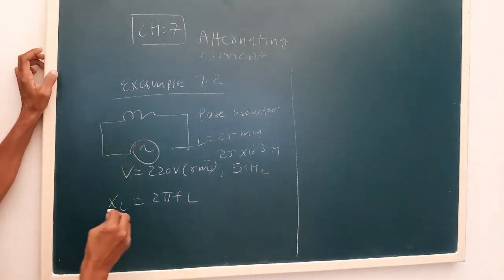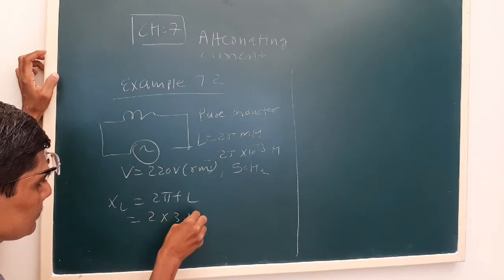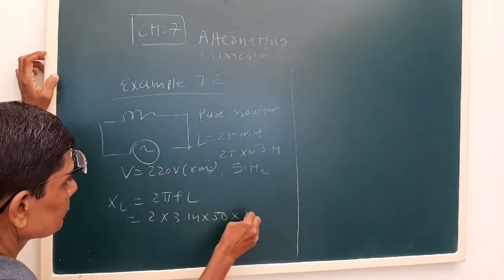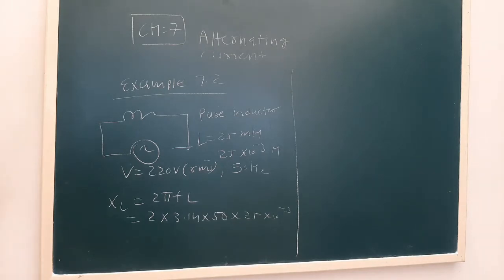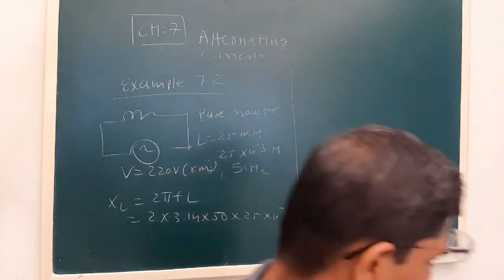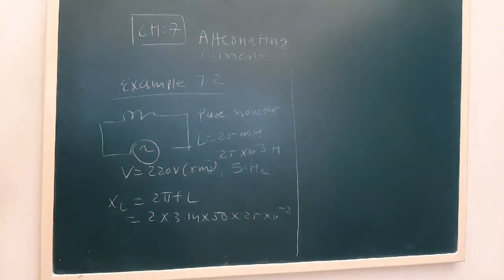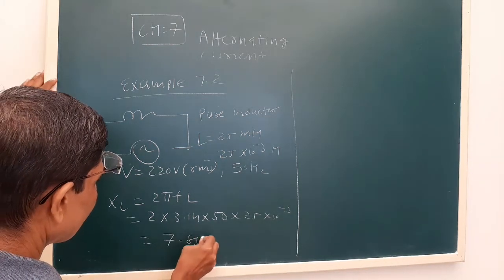Now we can calculate the XL value, XL is the inductive reactance. That is 7.85 ohm.